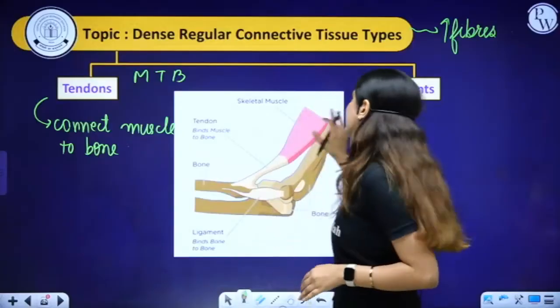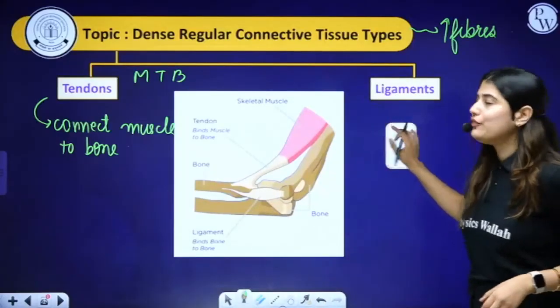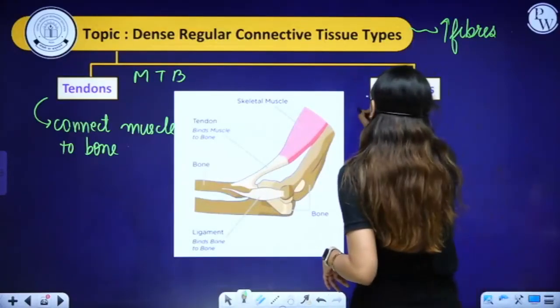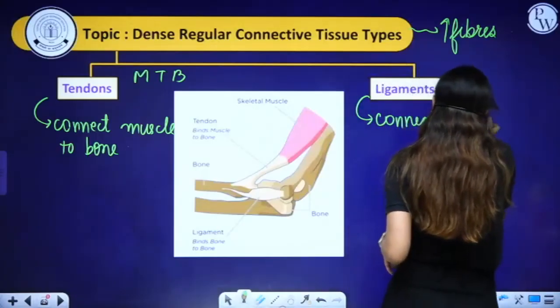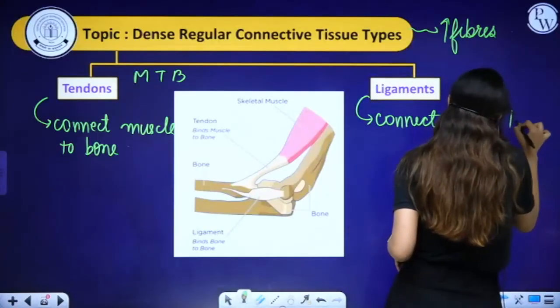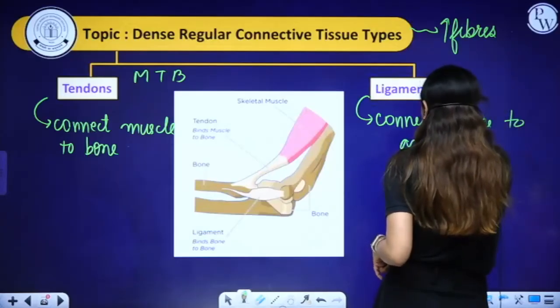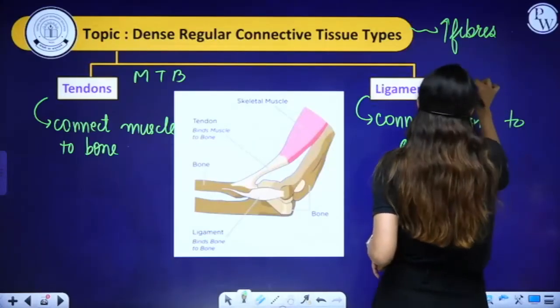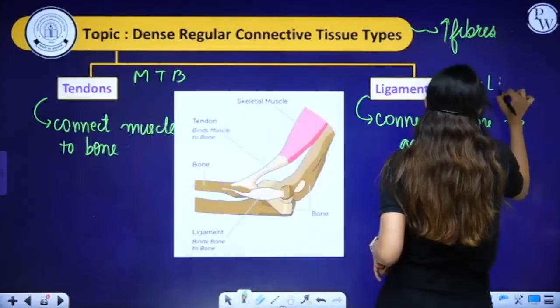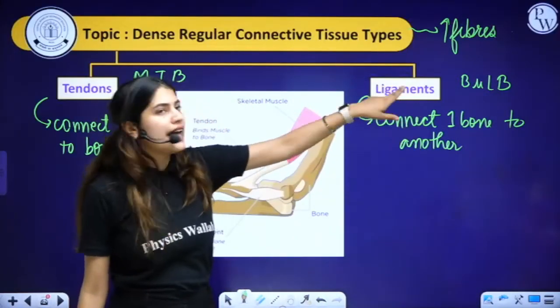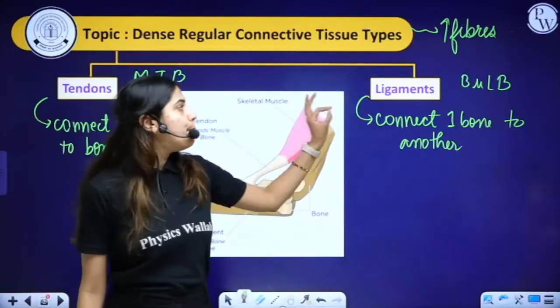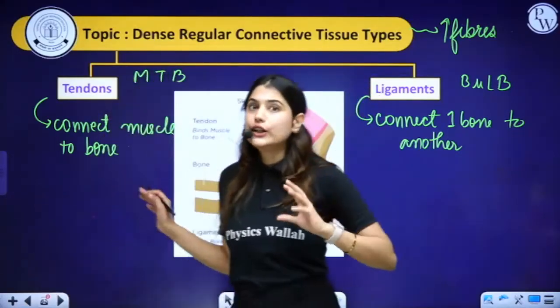Done. Next, ligament. Ligament, we can remember that this is the one which is connecting one bone to another. We can remember this by using this simple mnemonic BULB. B for bone, and L for ligament. So bone to bone is ligament, muscle to bone is tendon.